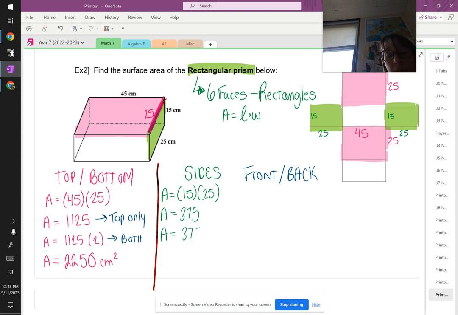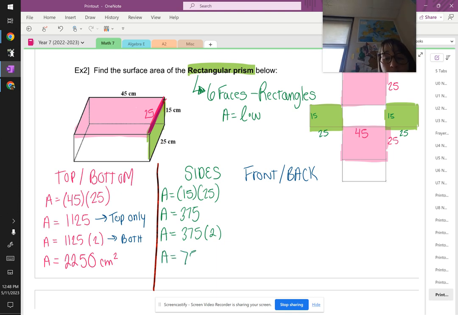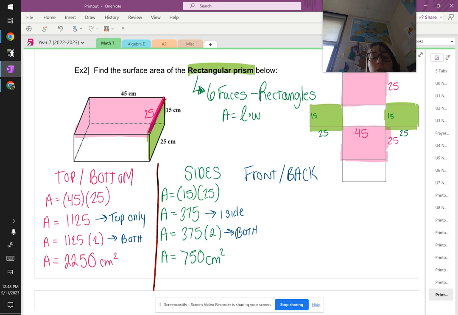Remember that 375 only represents one of the sides, not both of the sides, so we have to multiply that by 2 to get the area of both sides, 750 centimeters squared. And again, I'm just being really peculiar about this, that this is only one side, and this is where we get both for that times 2.